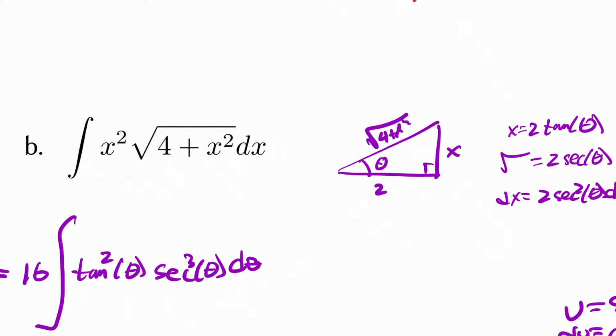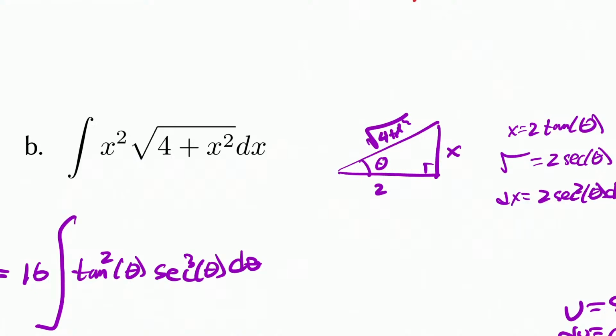That's why there's a cube here, because you have one of the secants from here and 2 of them from dx, which gives you 3 secants, and this became 16. Specifically, you got 2 2's here, another 2 here, and a final 2 there. So there's 4 2's, 2 to the 4th, 16.